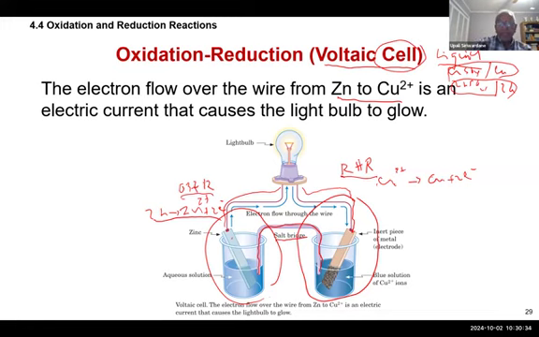The electrode where oxidation is taking place is called the anode. Where the reduction takes place is called the cathode.